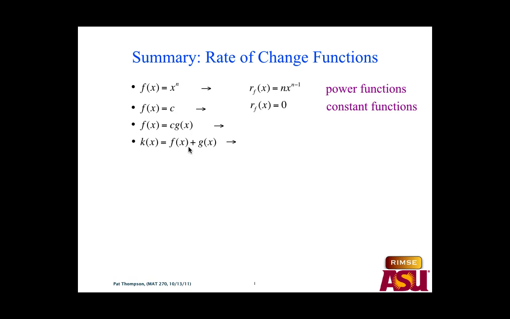Constant multiples of functions and sums of functions. So these are two specific types of functions versus these last two in the list right now, and we're going to add several to it, are examples of things you can do to already known functions. So for instance, if I had a power function and throw a constant multiple onto the front of it, make it a power function with a coefficient other than 1, then all I have to do to find the rate of change is multiply the rate of change of the power function by that same constant.